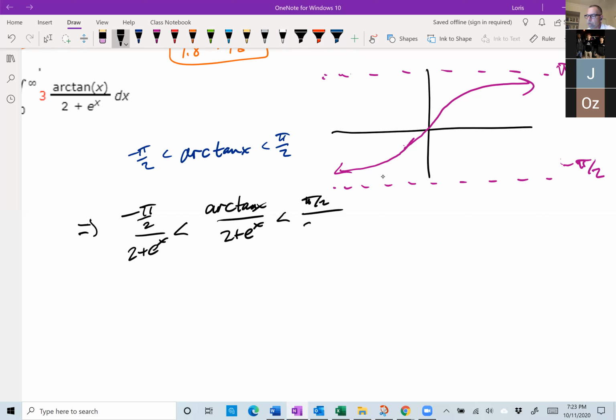And that is because 2 plus e to the x is increasing. If it were decreasing, it would go the other way around.